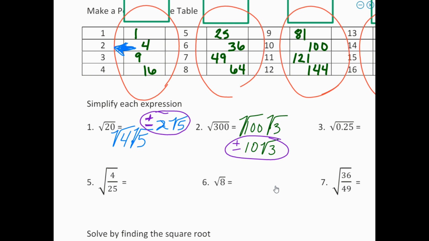And it is plus or minus because if you take both negatives and multiply them, you're going to still get a positive answer.